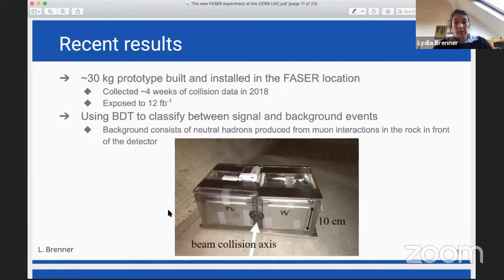Now, the background consists of neutral hadrons produced from muon interactions in the rock in front of the detector. Here at the bottom, you can see a picture of this prototype. You can see that it's about 10 centimeters high, and it's placed exactly in the beam collision axis before the rest of the experiment was installed.